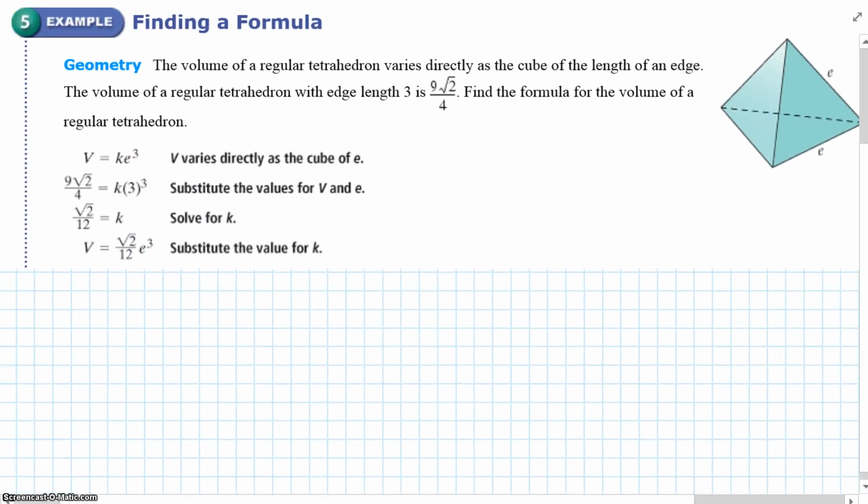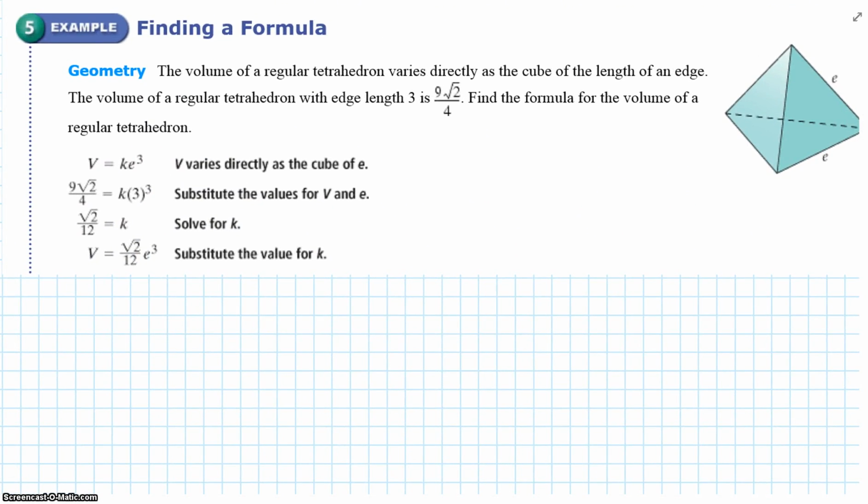Okay, finding a formula. The volume of a regular tetrahedron varies directly as the cube of the length of an edge. The volume of a regular tetrahedron with an edge length of 3 is 9 square root of 2 over 4. Find the formula for the volume of a regular tetrahedron.